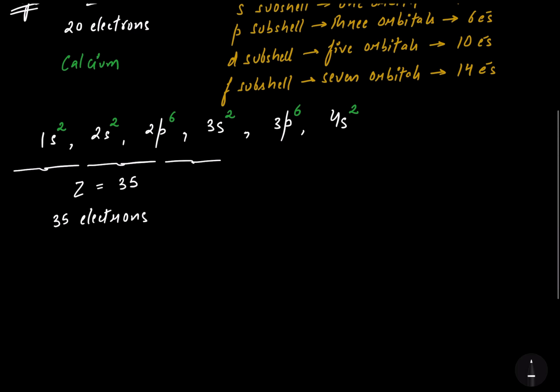Now let me write the increasing order of the energies of subshells. So I'm writing 1s, then the turn is of 2s, then 2p, then 3s, then 3p, then 4s, then 3d, and then 5p.